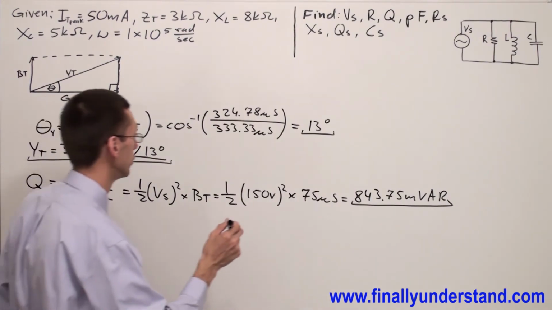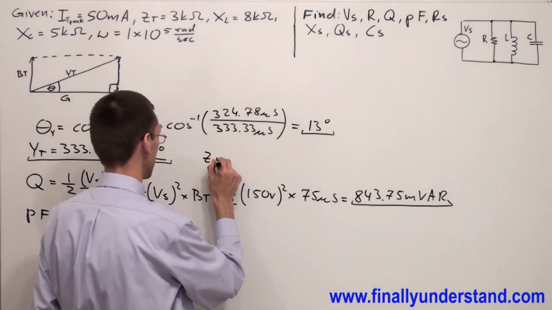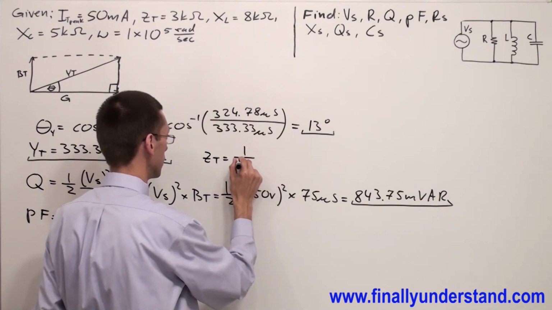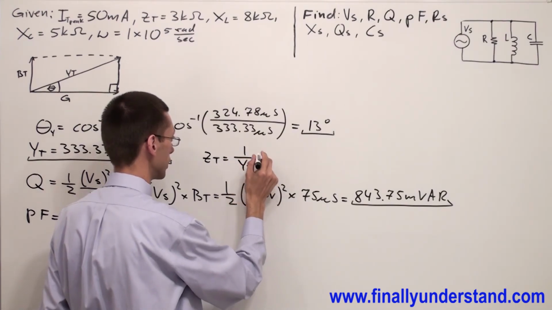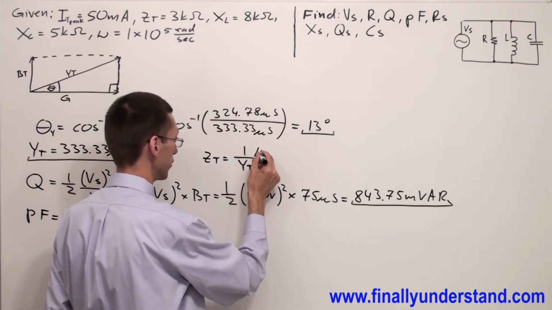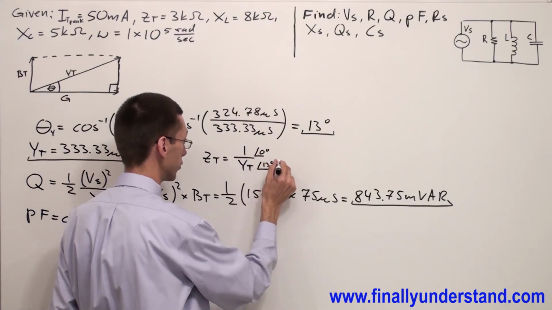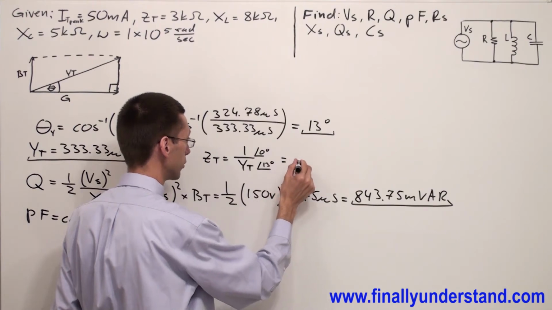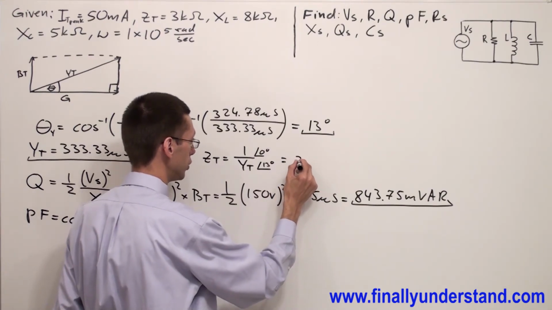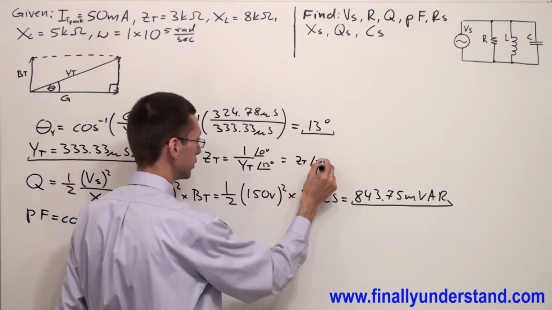Why? Let me remind you. Z total is equal to 1 over Y total. So next to 1 I have angle of 0 degrees, and if I have over here 13 degrees, if I'm going to subtract these two angles, I'm going to end up with Z total an angle of negative 13 degrees.